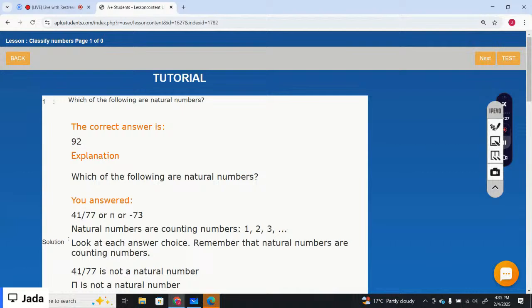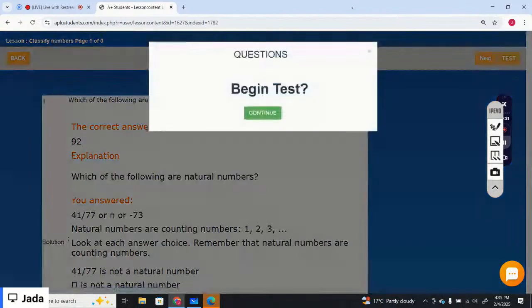Natural numbers are the counting numbers. They are 1, 2, and 3. So 92 is a natural number.